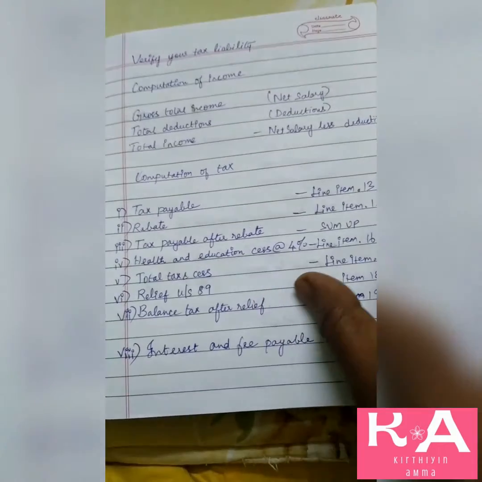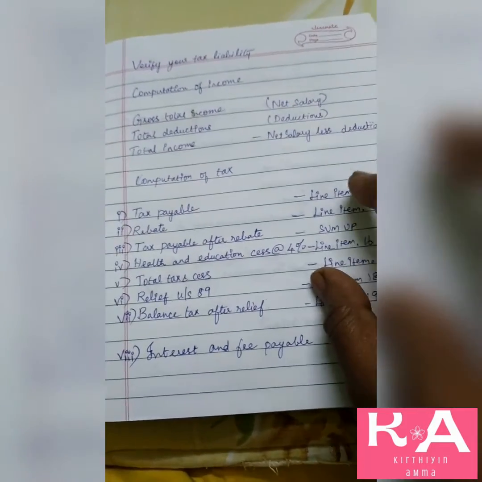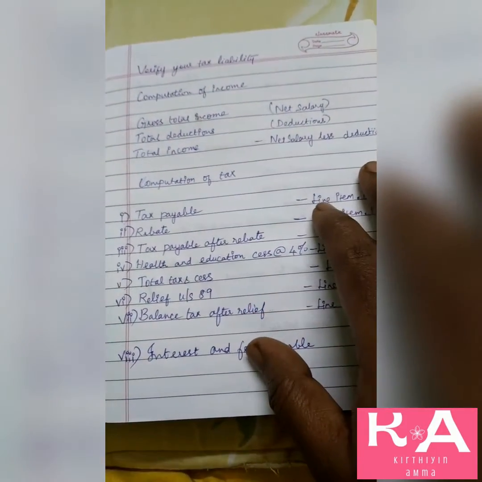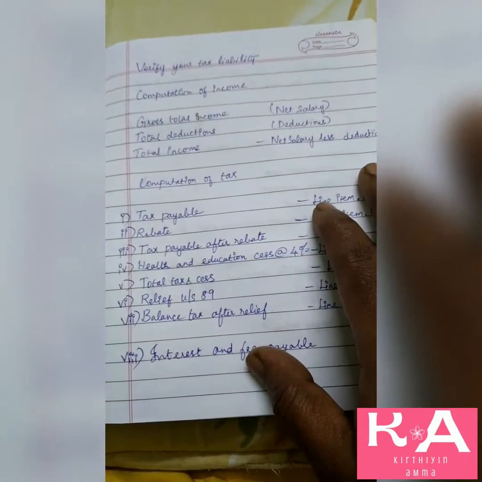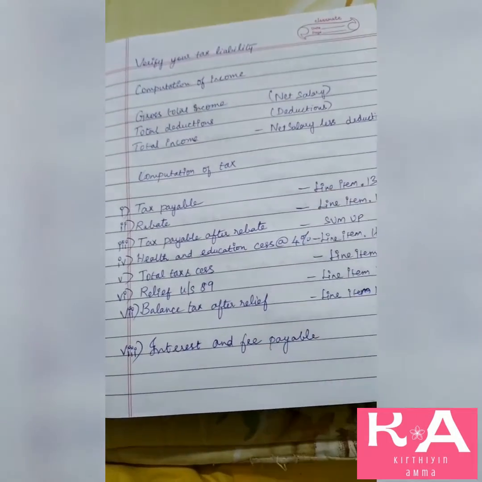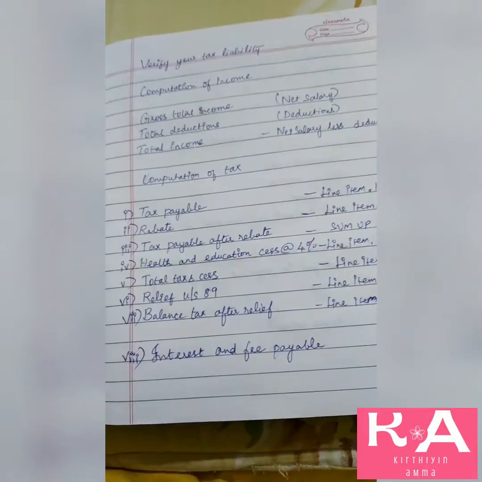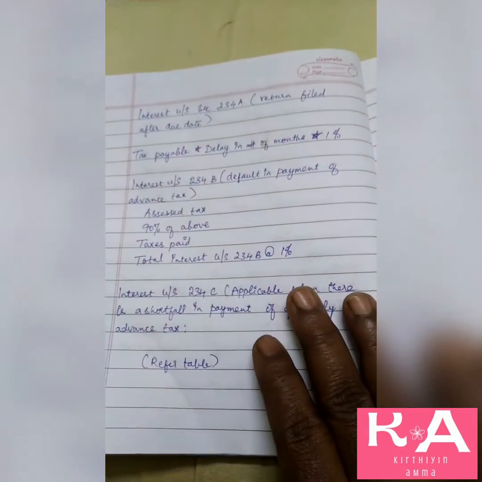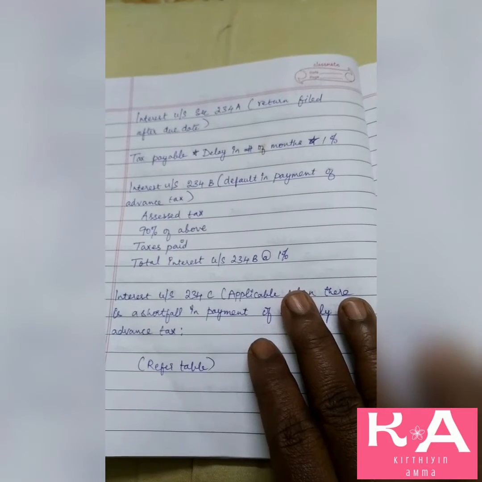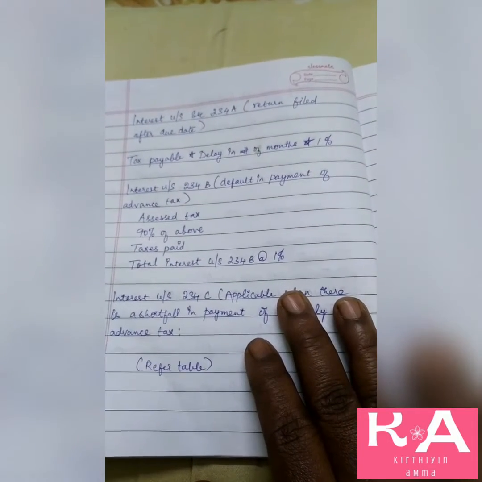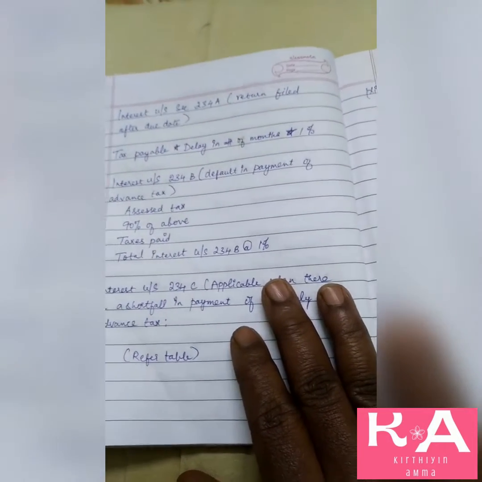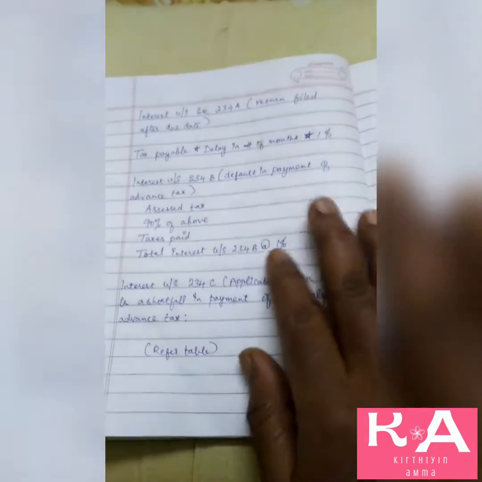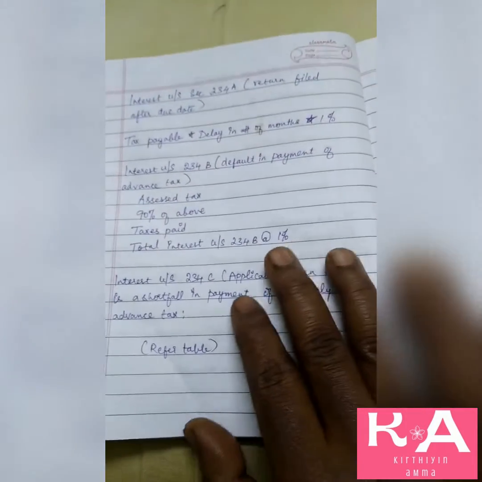If you have filed the income tax return after the due date, you will have to fill this section. So just have a glance at it. We are discussing the ITR filed on or before the due date. So you will not have this component, but anyhow you will have to know this.